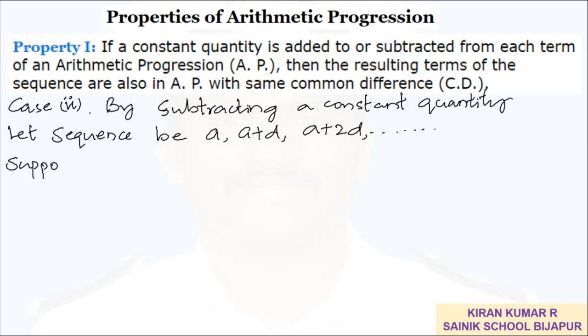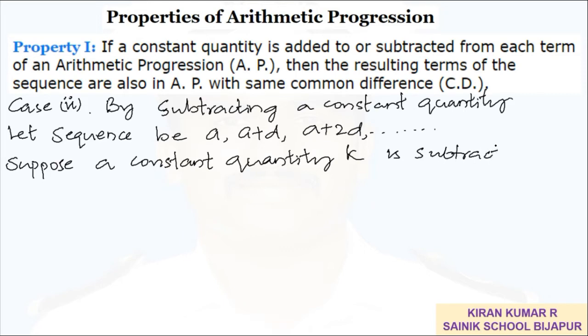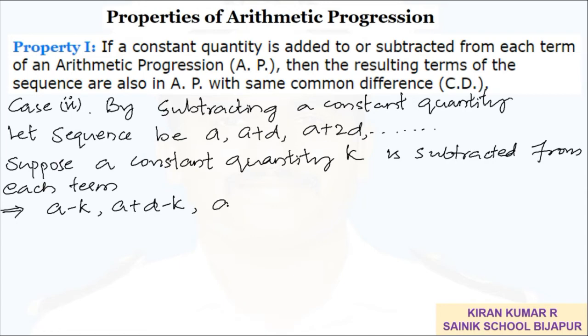Suppose a constant quantity k is subtracted from each term. A new sequence is formed. It will be a minus k, a plus d minus k, a plus 2d minus k, and so on.